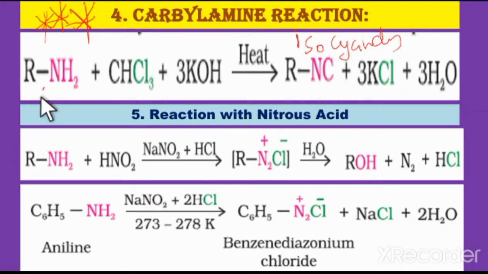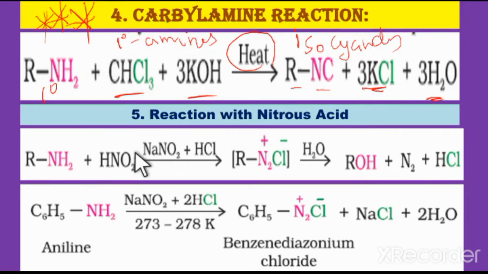So here the primary aromatic or aliphatic amine treated with CHCl3 in the presence of potassium hydroxide, when heated, gives isocyanide, alkyl NC, plus potassium chloride plus water. This reaction is used to detect primary amines, which may be aliphatic or aromatic. We can use this test for primary amine detection.